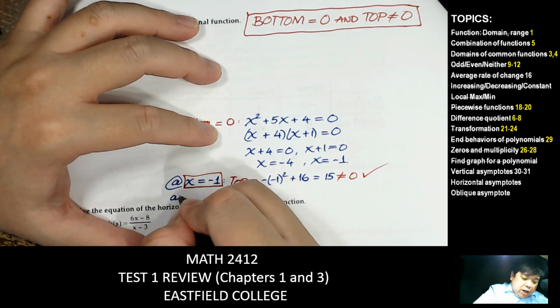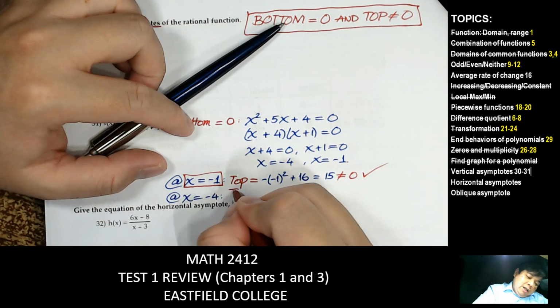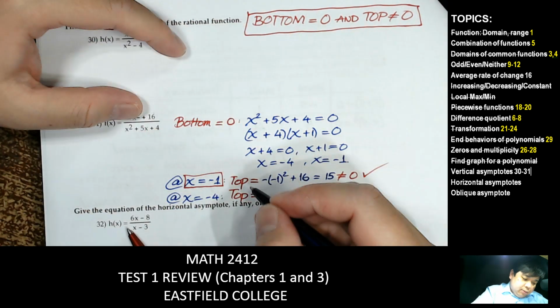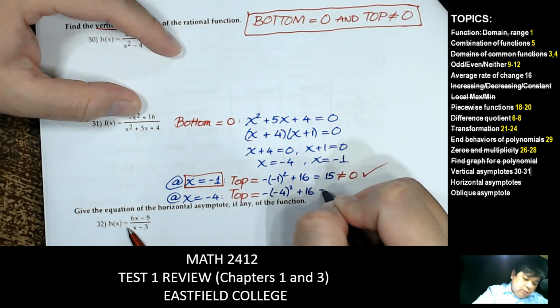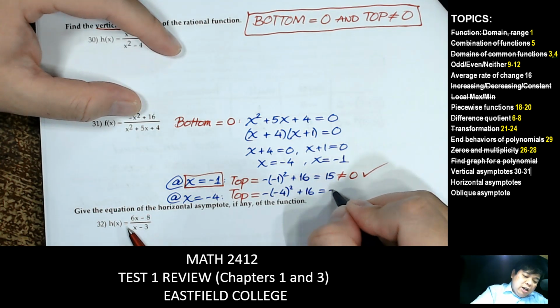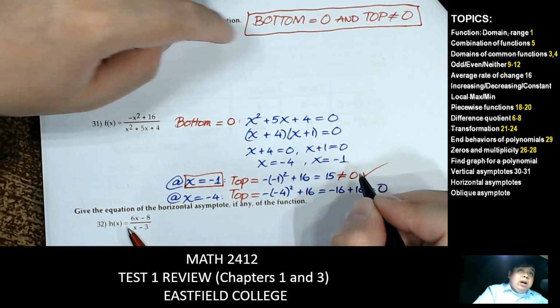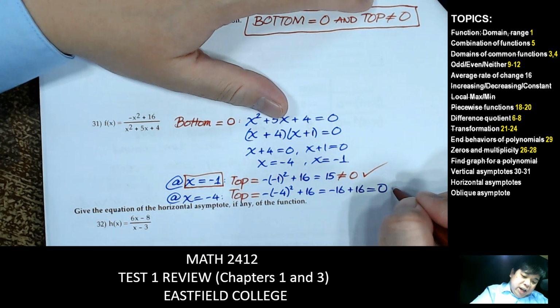Now we check for x equal to -4 as well. On the top, -4 squared is 16, minus 16... that is equal to 0. We cannot have the bottom 0 and the top equal to 0, so we cannot have this.